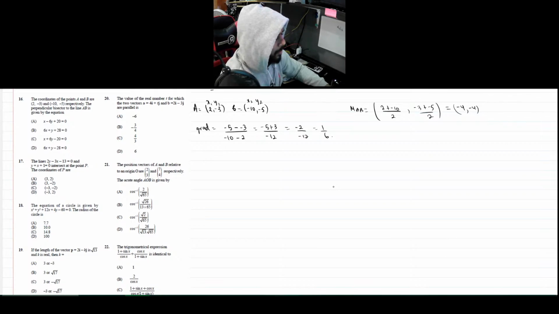So the equation of the perpendicular bisector is y minus y1 is equal to m times x minus x1. Y is equal to minus 6x, that will be plus minus 24 minus 4. Y is equal to minus 6x minus 28. Bring everything on one side. Y plus 6x plus 28 is equal to 0.